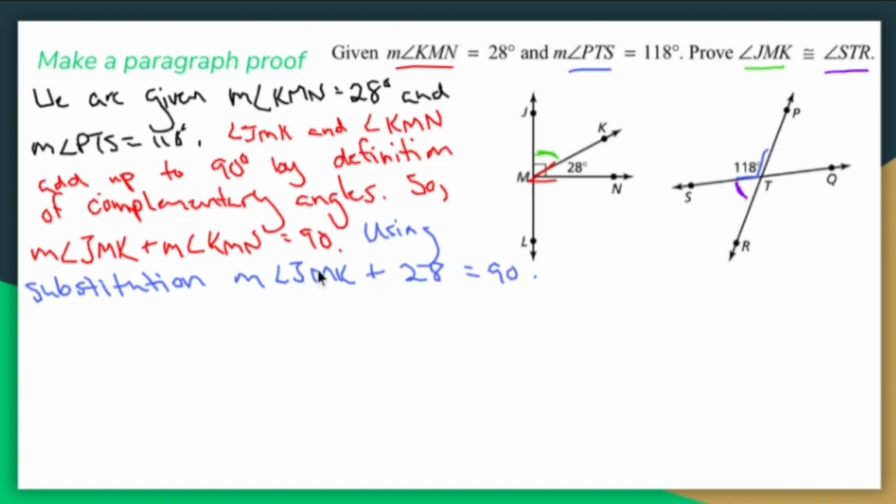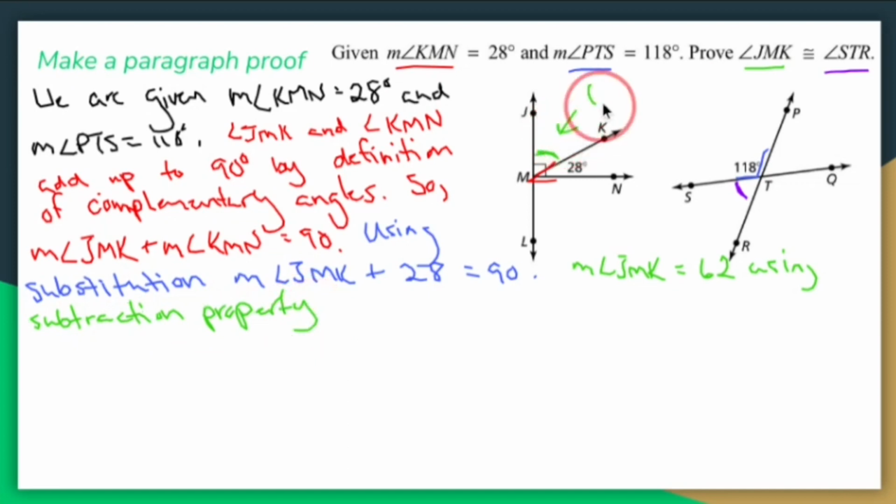Now, I can solve for JMK by subtracting 28. So, the measure of angle JMK equals, what is that, 62 using the substitution property. Nope, the subtraction property. Cool, so what I have is that you are now 62.